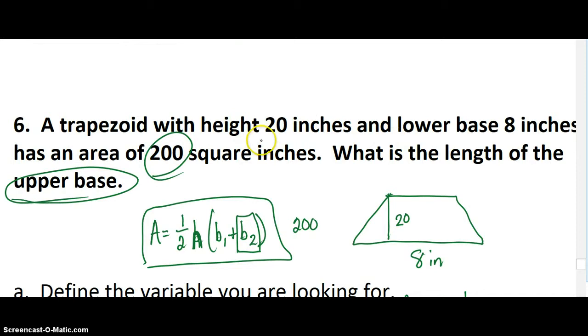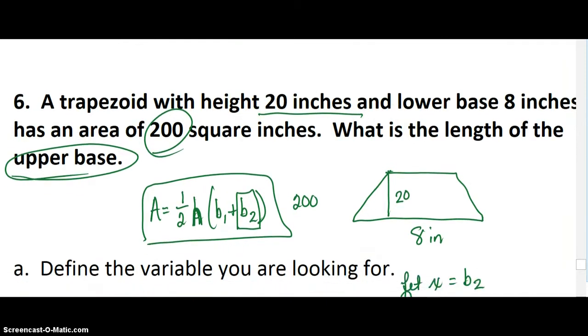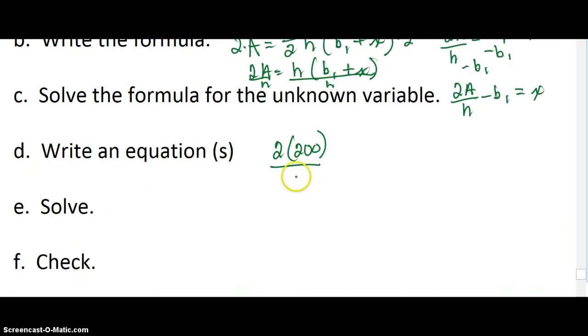Our height is 20 inches over 20 plus base 1. Oops, that's going to be minus base 1. Sorry about that, because we solved for that one. Minus base 1, which was 8, is going to give us our x, which is base 2.